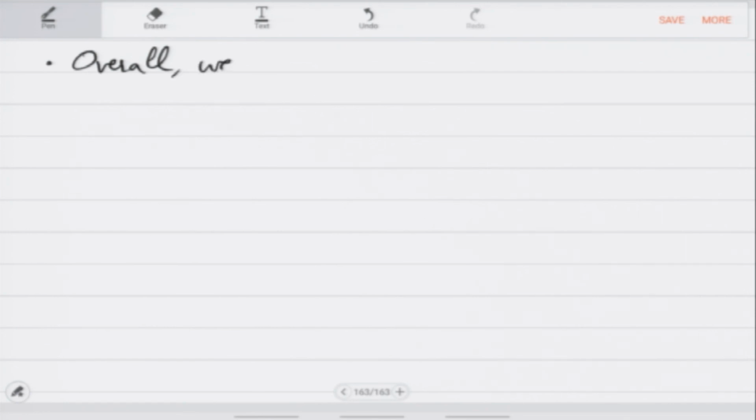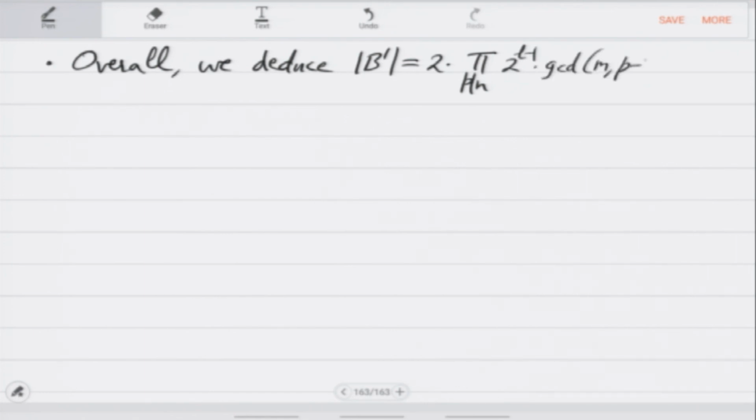So overall we deduce that the size of B prime is twice what we just calculated. Okay, so that's the expression.